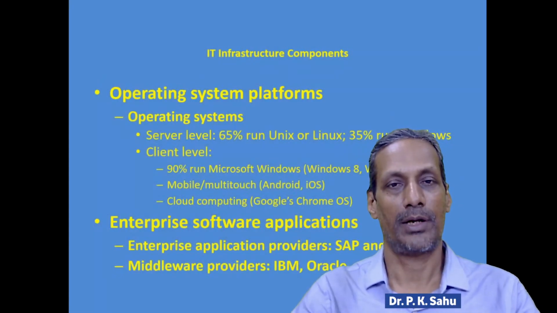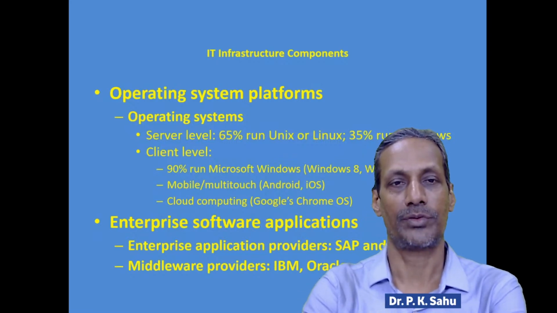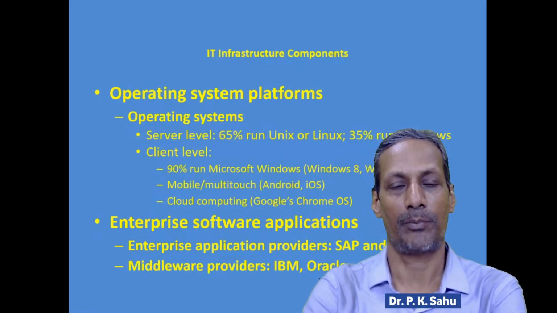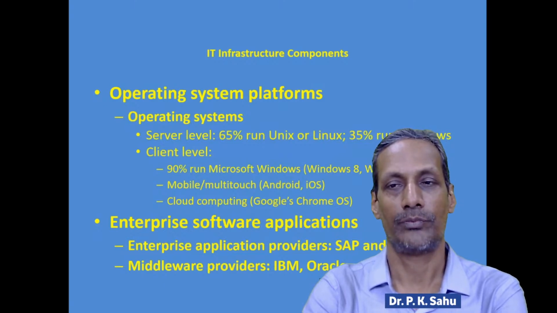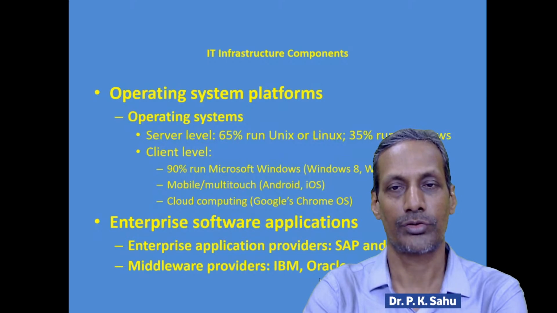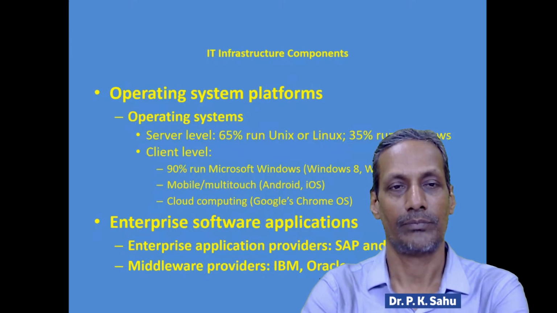Next, the operating system platforms. You can have operating systems of various types, catering to various requirements. As I told you, you can have closed source operating systems like Microsoft Windows, or you can have Unix or Linux, which are open source operating systems.